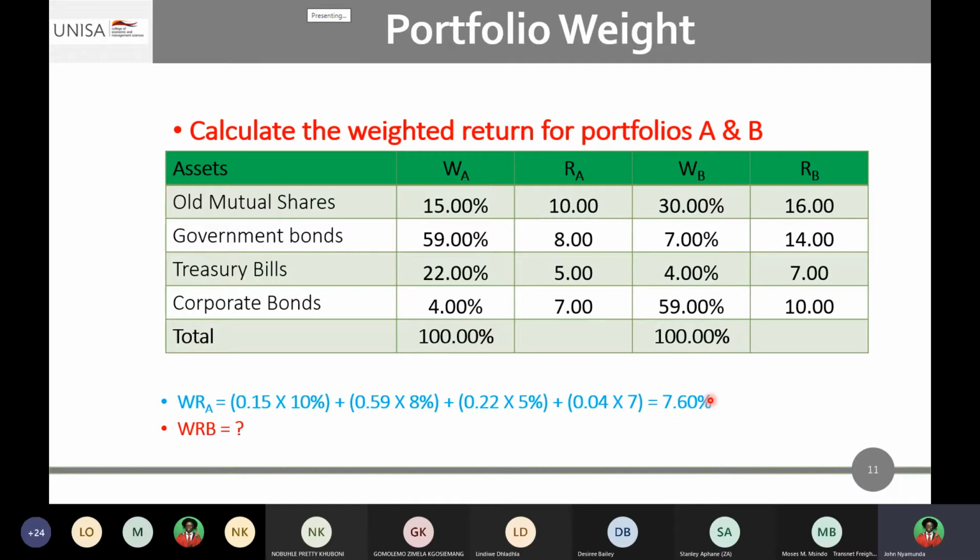Ladies and gentlemen, I think you know what I'm going to say. Your one is the B. Calculate the weighted return for portfolio B. That's yours. Once you get your answer there, I will put up a poll. I created a poll in the morning.